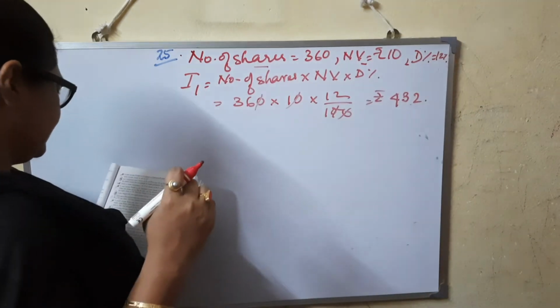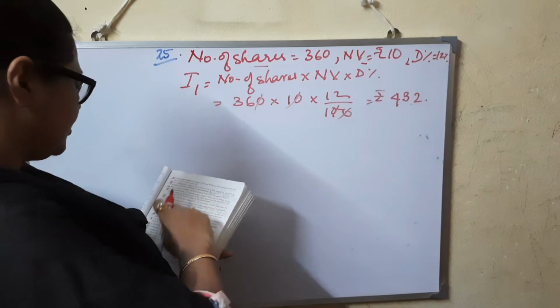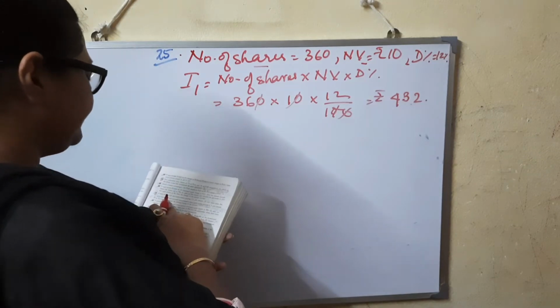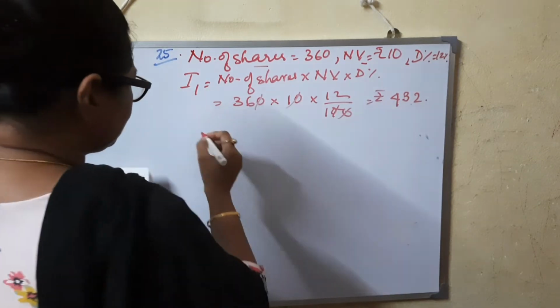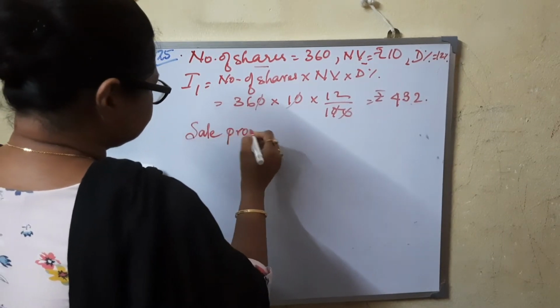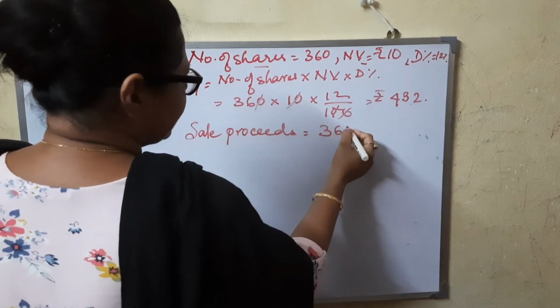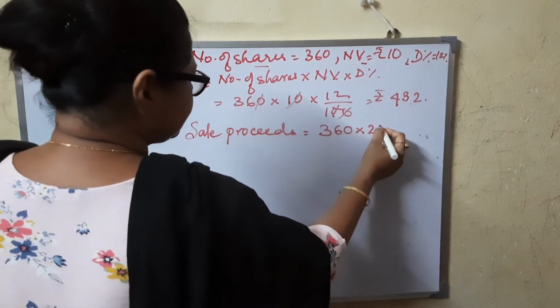Now they are saying that all the shares are sold out when the market value of the shares becomes rupees 21. So what will be the sale proceeds? Shares have been sold out at rupees 21.